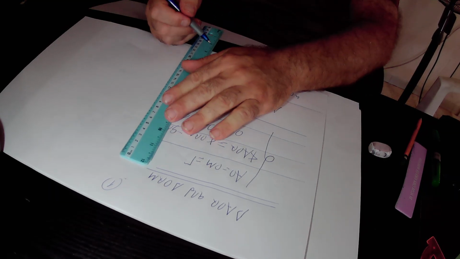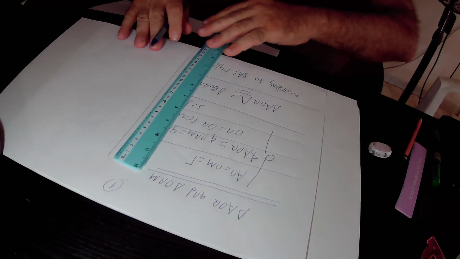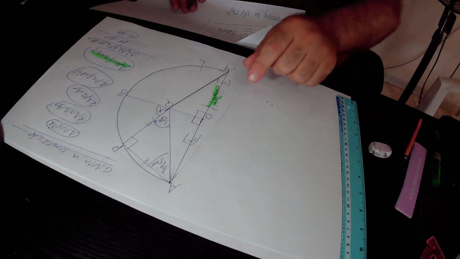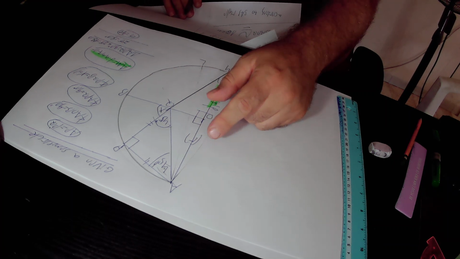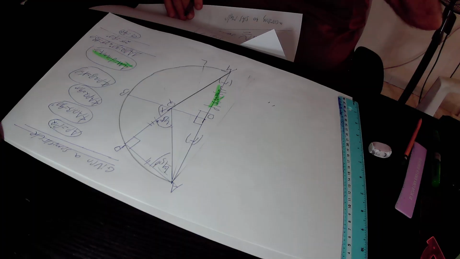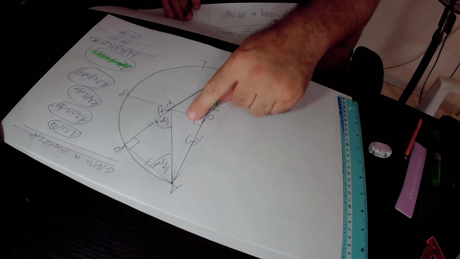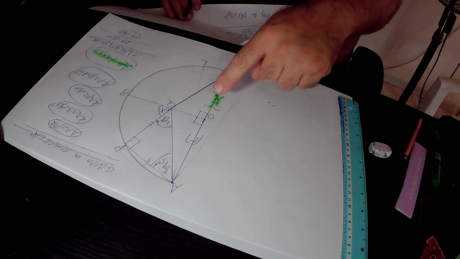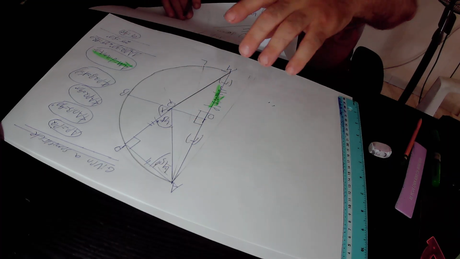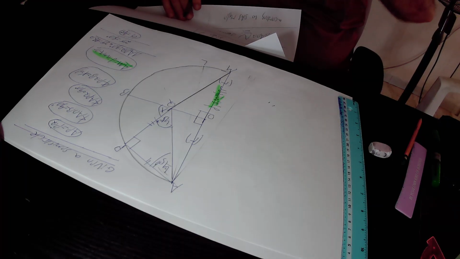That is to say, we actually prove that those two sides and the angle that is included between those two sides in the right upper triangle AOQ are correspondingly equal to those two sides and the angle that is included between those two sides in the right lower triangle OQM. And therefore those two right triangles can go into each other according to side angle side rule.